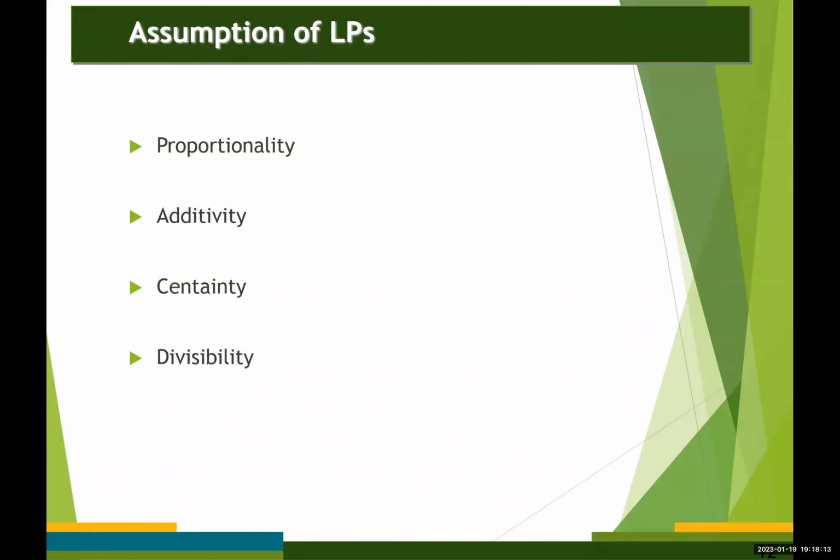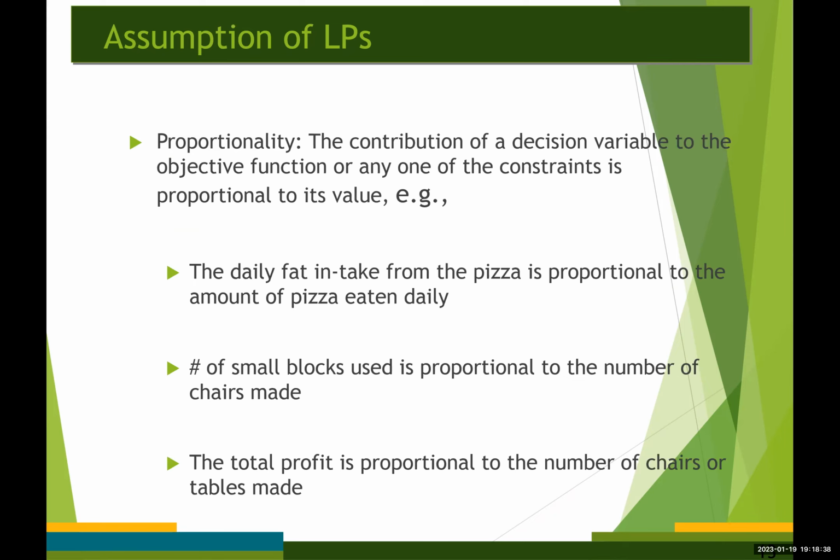Now let's talk about the assumptions of the linear program. When you write a problem as a linear program, we are making a few assumptions about the underlying process. They are proportionality, additivity, certainty, and divisibility, okay? So first, proportionality.